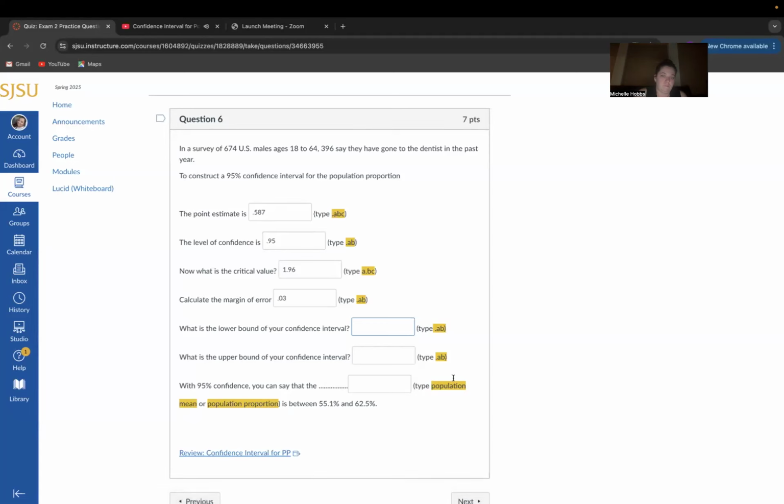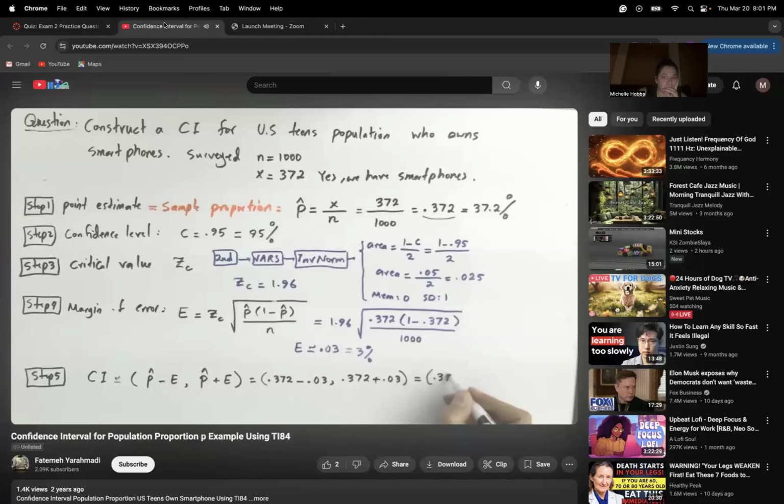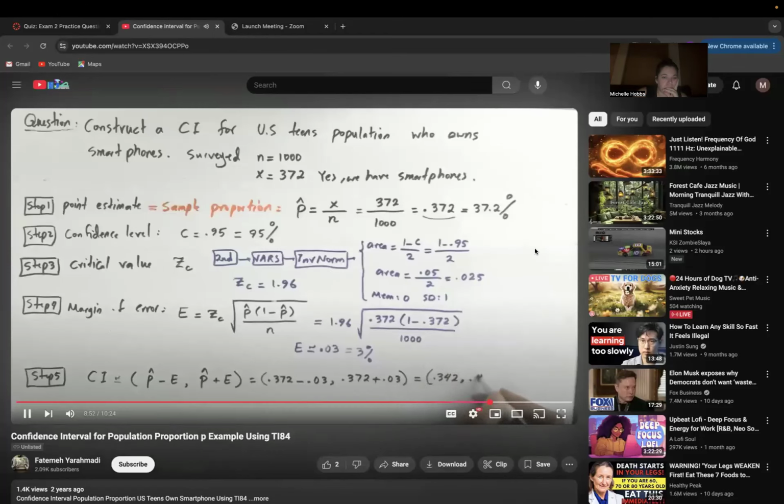So again, these are all approximations. It's going to be p hat, which is 0.372 minus the margin of error, 0.03, comma, 0.372 plus the margin of error, the distance. So approximately what are we going to have? Our confidence interval is about 0.342 and 0.4024.